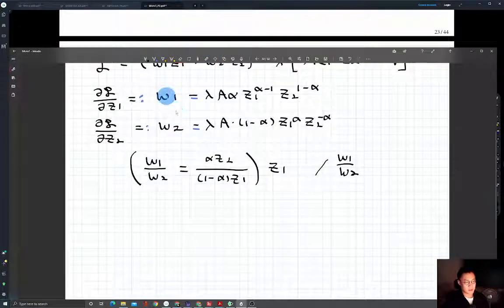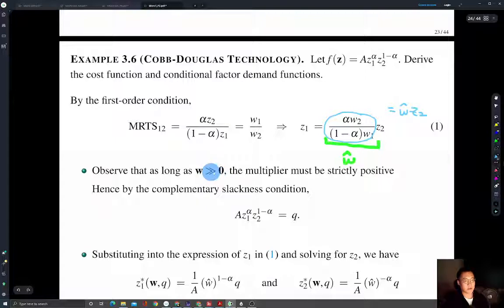In light of these two first order conditions, lambda must be strictly positive. The Lagrange multiplier should be strictly positive, because if it is equal to 0, then since input prices W1 and W2 are given positive constants, there is no way to satisfy this condition. So as long as input prices are strictly positive, the multiplier must be strictly positive as well.